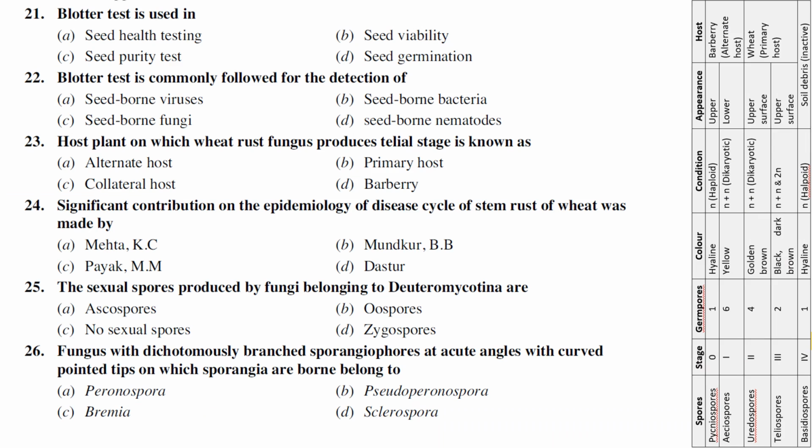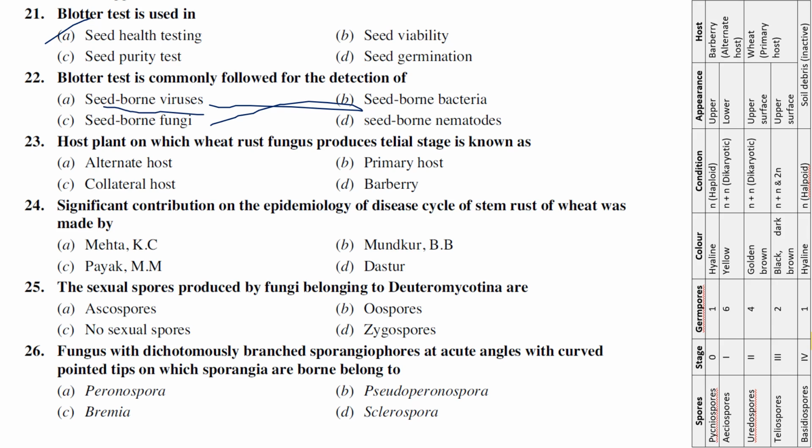The next one: the blotter test is used in seed testing, seed viability, seed purity test, and the last one is the seed germination test. Generally, blotter paper is used for seed health testing, and it was developed by Louis Dyer, I think, I'm not sure. The blotter test is commonly followed for the detection of seed-borne viruses, bacteria, fungi, and nematodes.